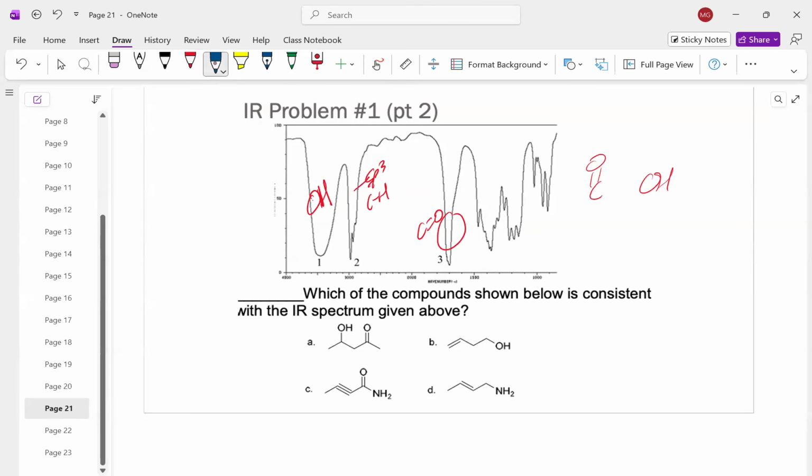Remember that the OH of a carboxylic acid is going to obliterate all of this. OHs of alcohols, as I said, stay in their own lane. So really what we're going to treat this as is a compound that has both a carbon oxygen double bond and somewhere else an OH, but not a carboxylic acid.